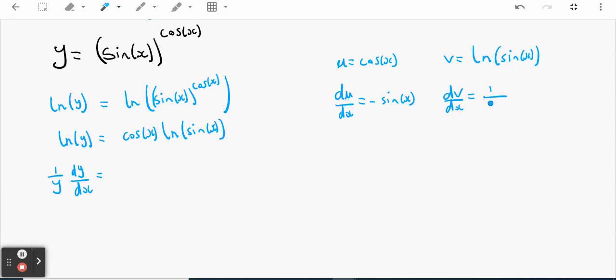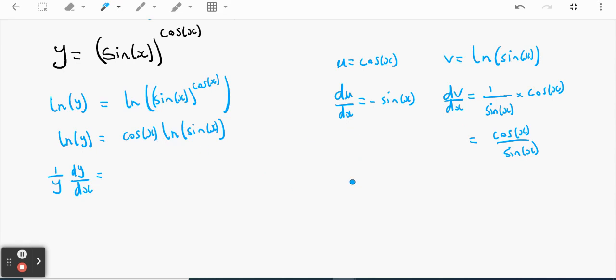So that's 1 over sine x multiplied by the derivative of sine x, which is cos x. So that simplifies to cos x over sine x. Now we could write this as 1 over tan x or even cot x, but I'm just going to leave it like this for now.